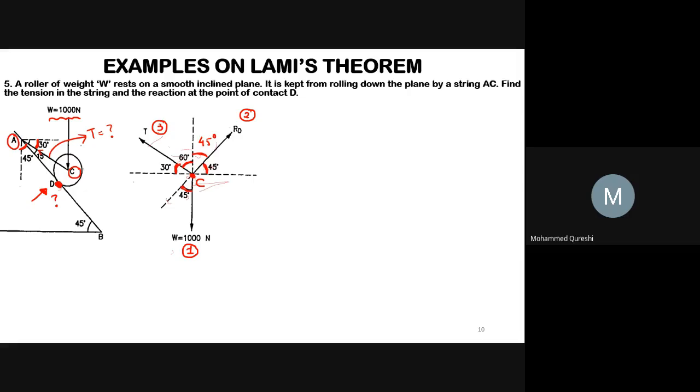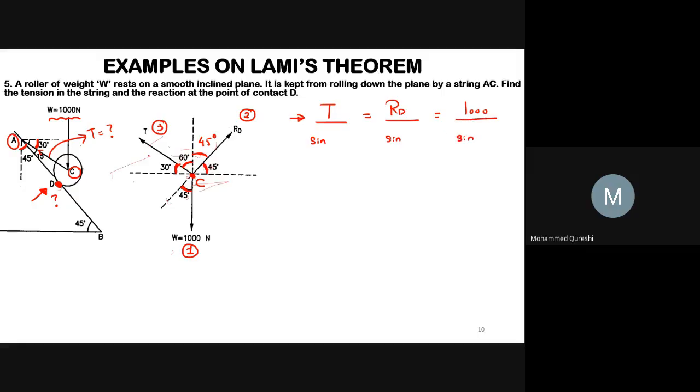Now we will apply Lami's theorem. So using Lami's theorem, T upon sine equals RD upon sine equals W, that is 1000, upon sine.